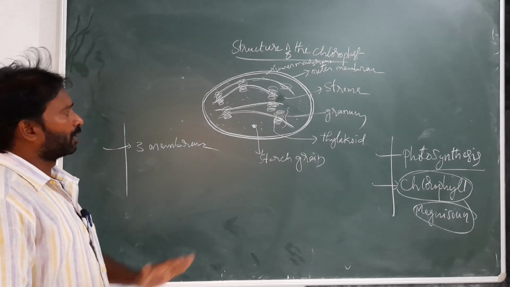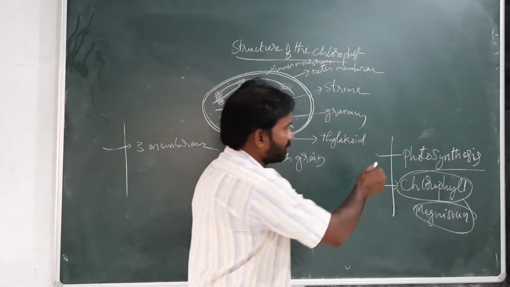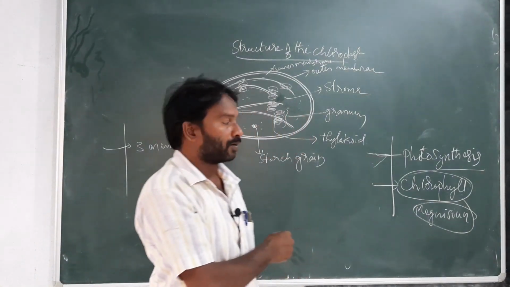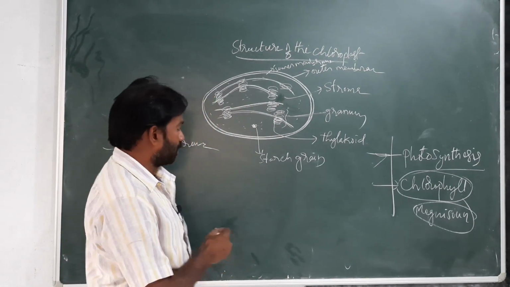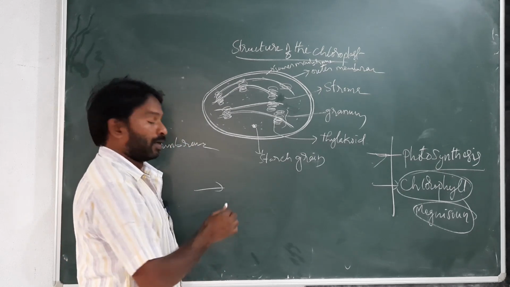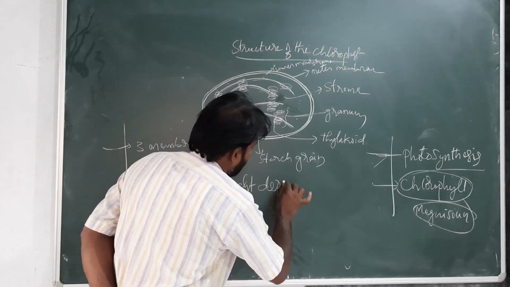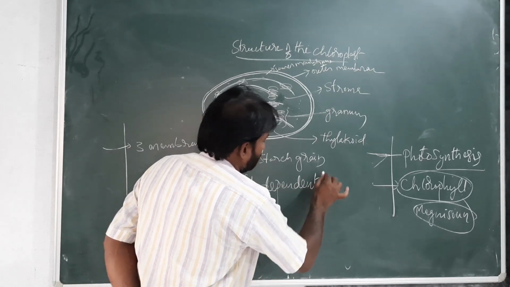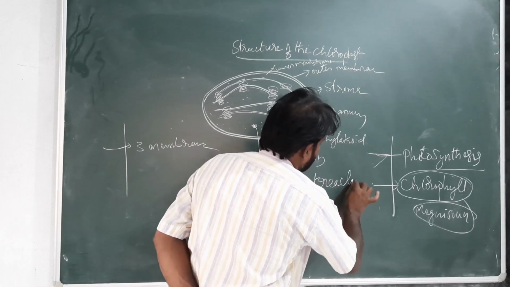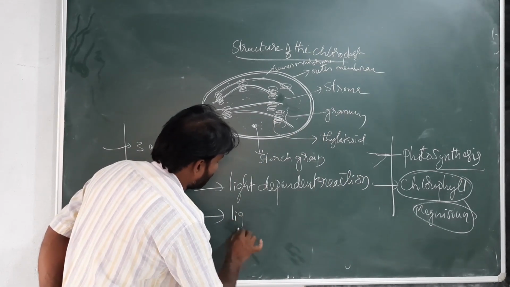That is the functioning. In photosynthesis there are two phases: one is the light phase, or light dependent reaction, and the second is the light independent reaction.